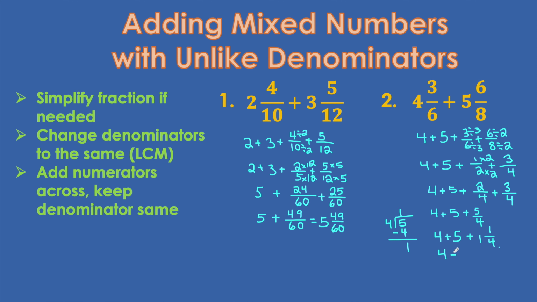4 plus 5 plus 1 plus 1/4, which is equal to 4 plus 5 is 9, 9 plus 1 is 10.